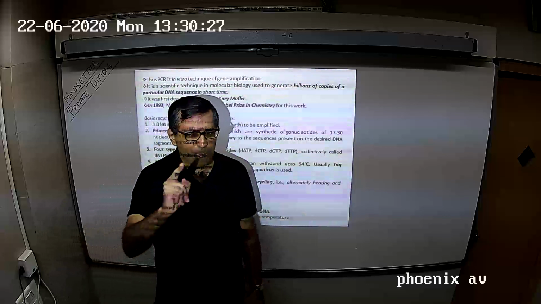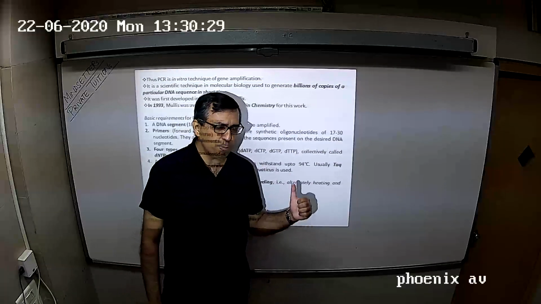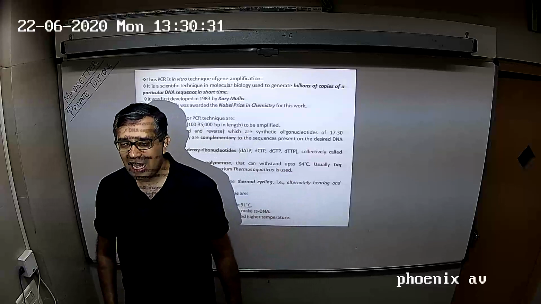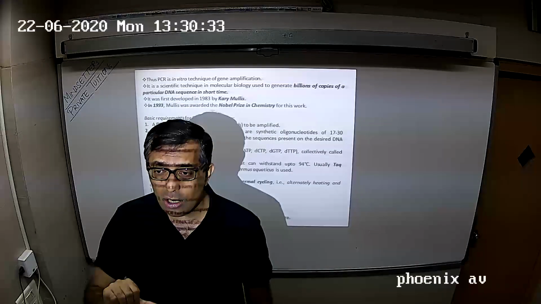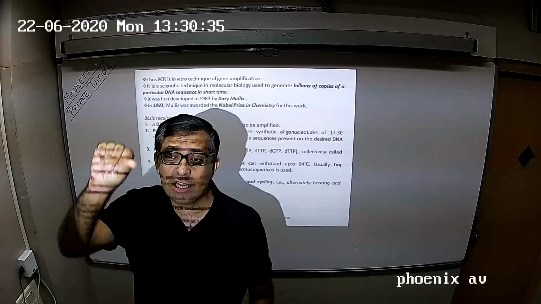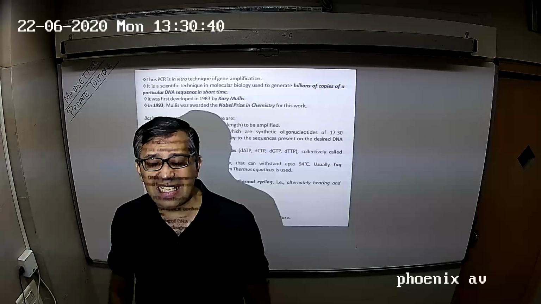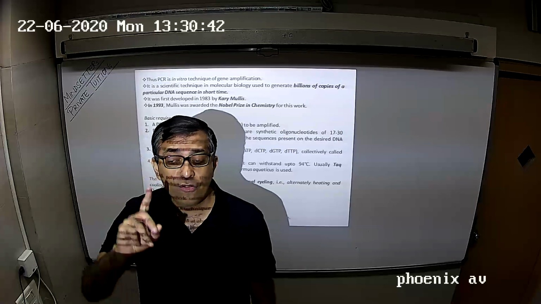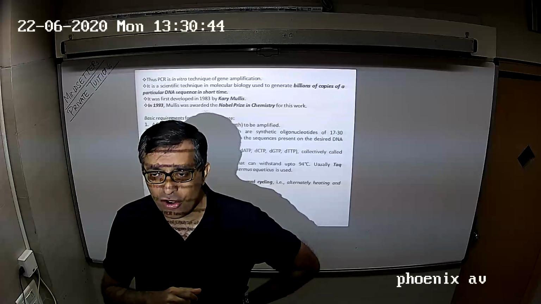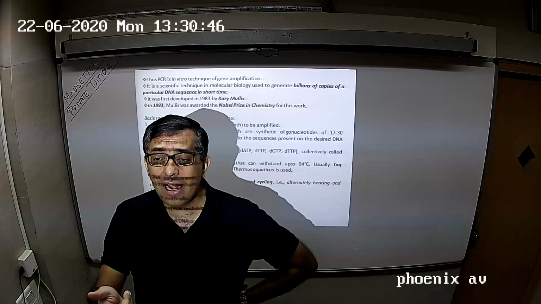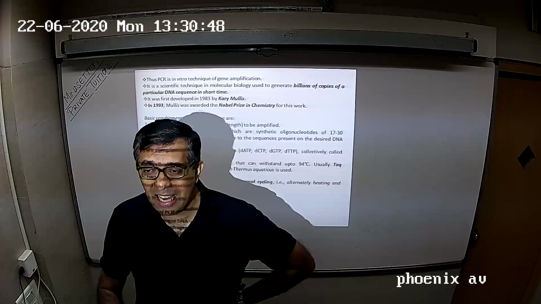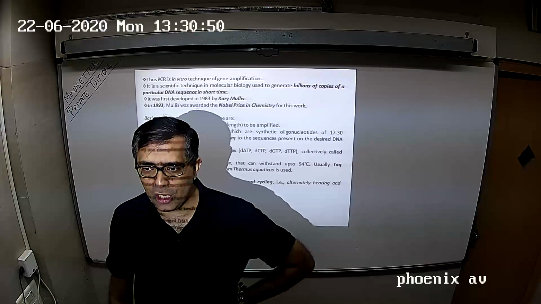Now there is a problem. In this PCR technique, the temperature of the box is raised to 90, 95, 100 degrees Celsius. And if you remember, you have done it in biochemistry, all enzymes undergo denaturation at 60 degrees Celsius.